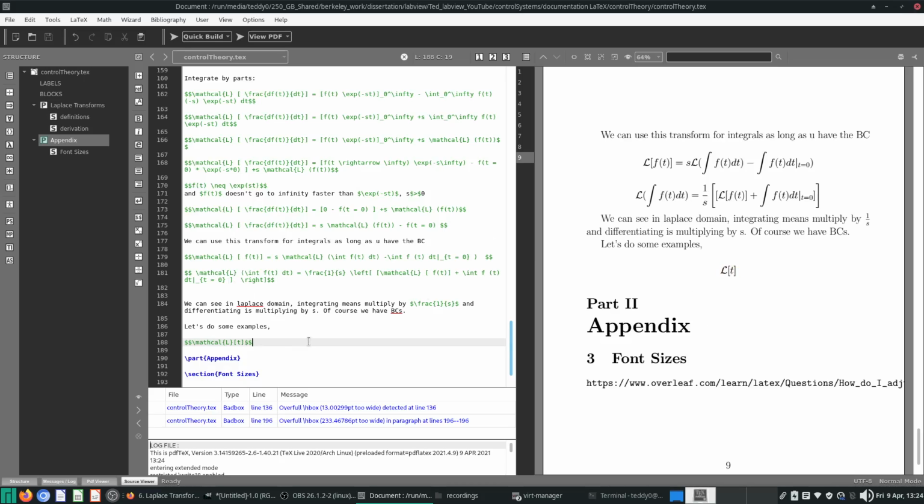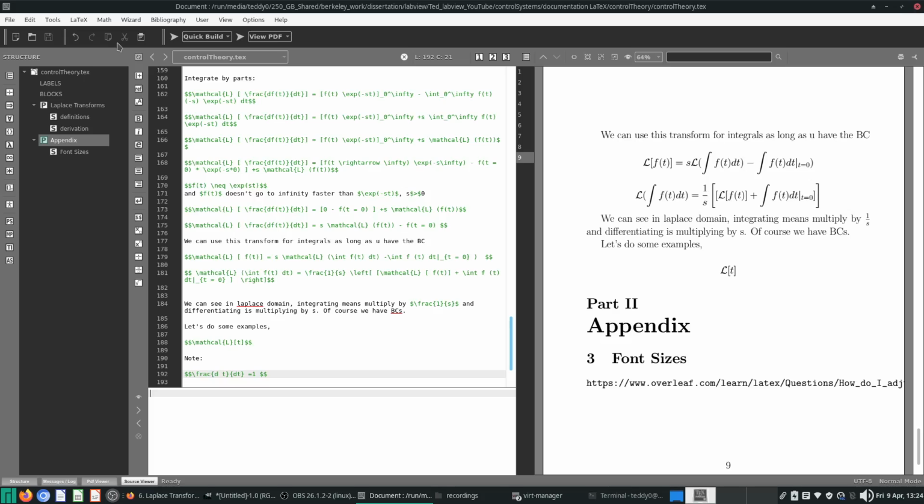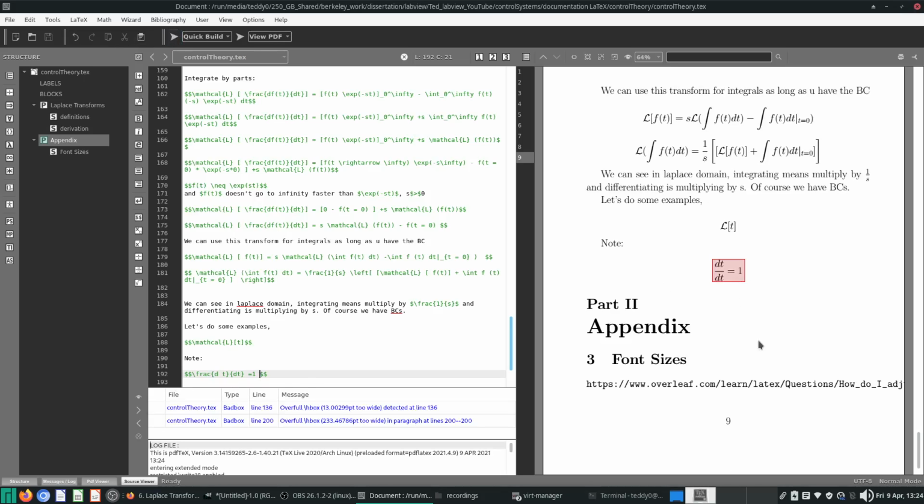But I want to note something: dt/dt equals 1, right? If you differentiate t with respect to t, it's just 1. So what can we do? We can use this method here.